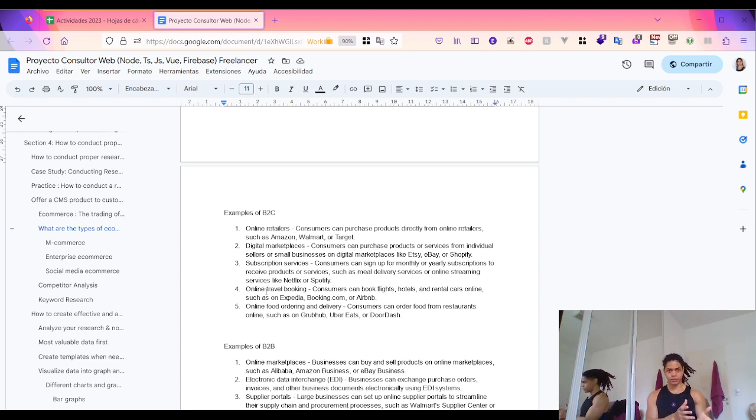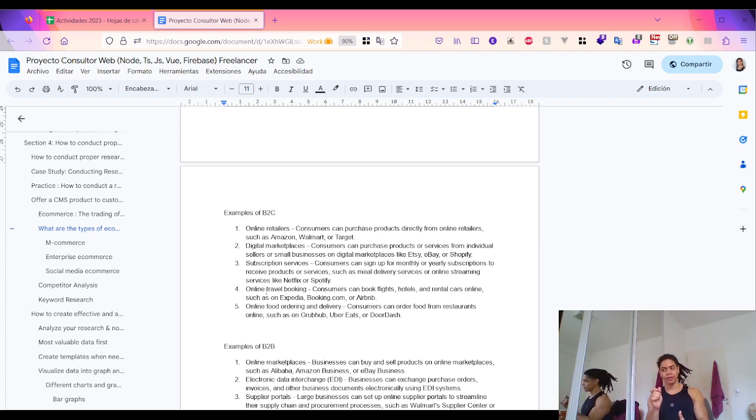Now, business to business. Here you have online platforms like Amazon Business, eBay Business, or Alibaba. Then electronic data interchange, which covers traditional paperwork that used to be made on paper.